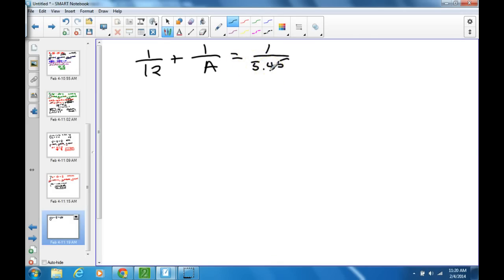So our common denominator in this case will be 12 times 5.45 times A. Sorry, I'm so used to using t's, I forget. So let's multiply each of these by that.